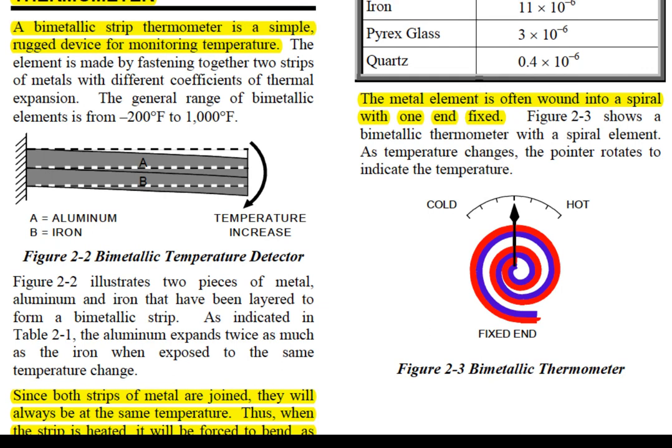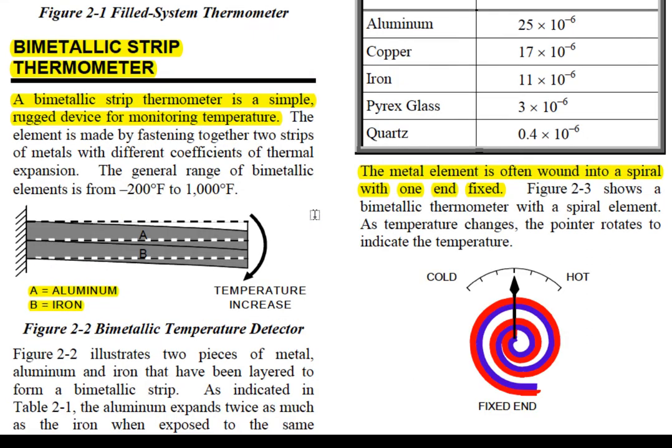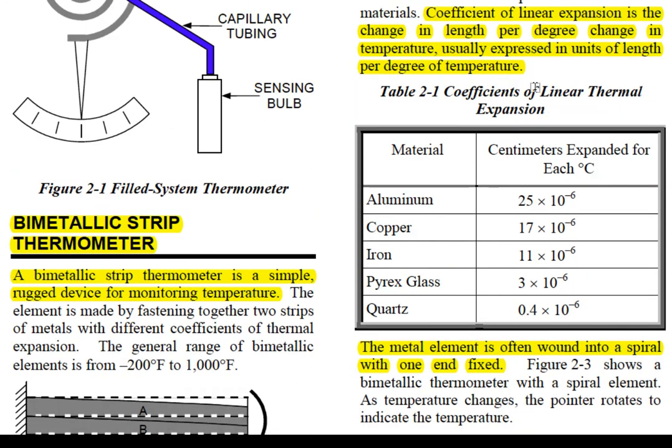The two normal types of metals that are used for this type of device are aluminum, let me get that highlighted, and iron. And what it does is, as the temperature changes, these metals have different what's called coefficients of linear expansion.